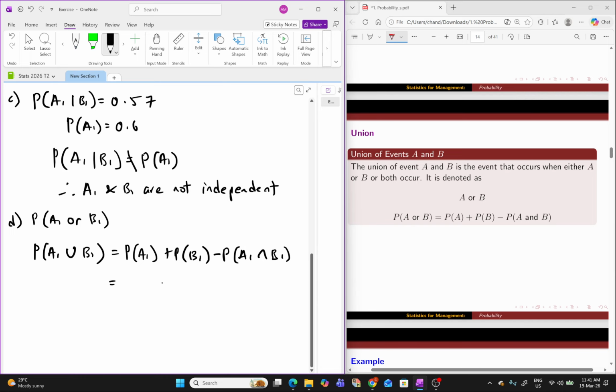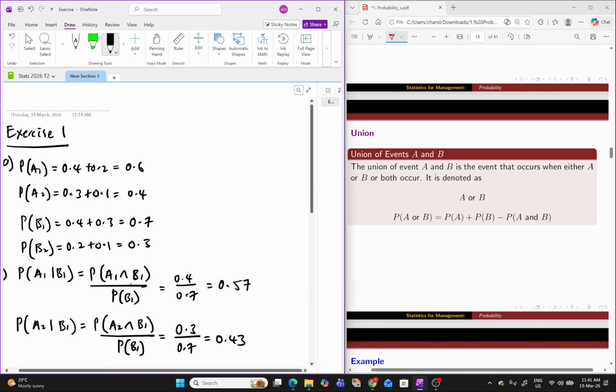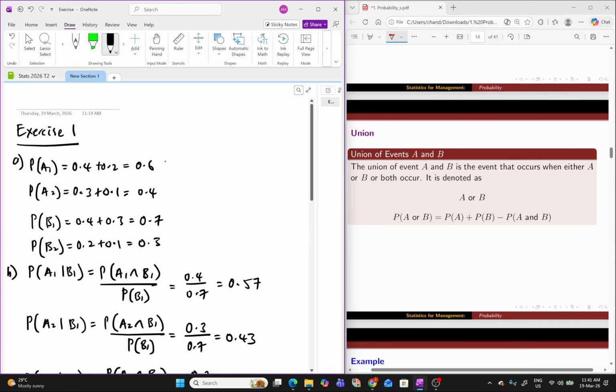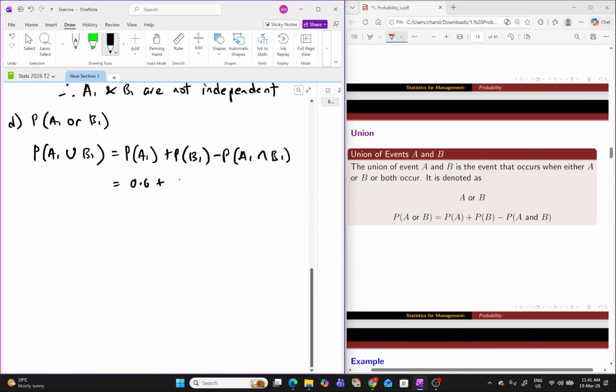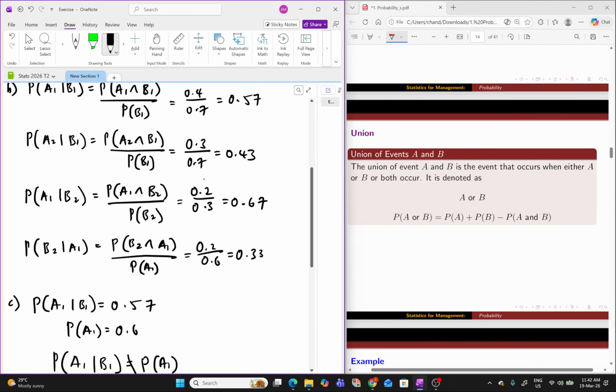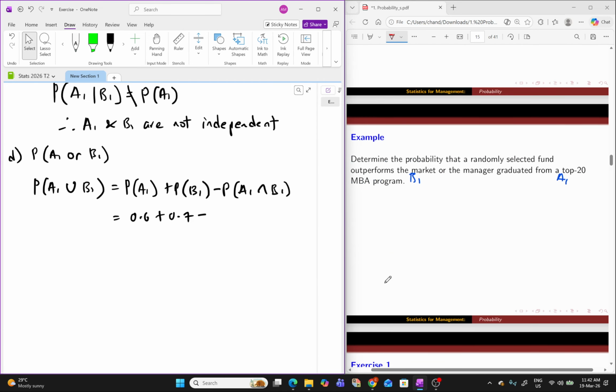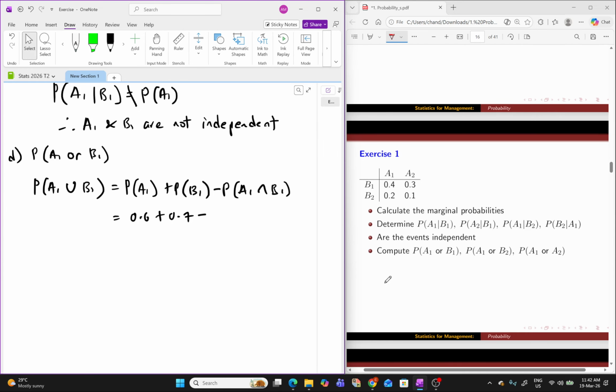So we found P(A1) just now, A1 is 0.6, and B1 is 0.7. For intersection we can find from the table here, A1 B1, that is 0.4. If you do this, you will get 0.9.